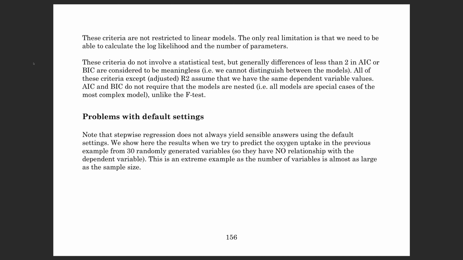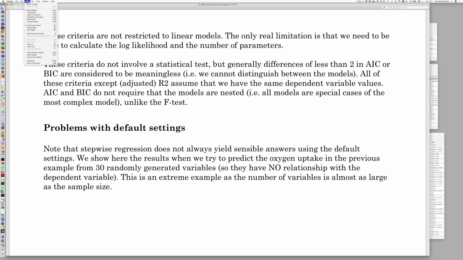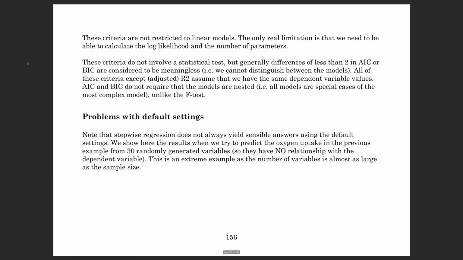So I'm going to illustrate here the risk in accepting the default settings without carefully looking at them first. As I was saying, there can be problems if you use the default settings in statistical packages. So I'm going to illustrate how badly things can go wrong.